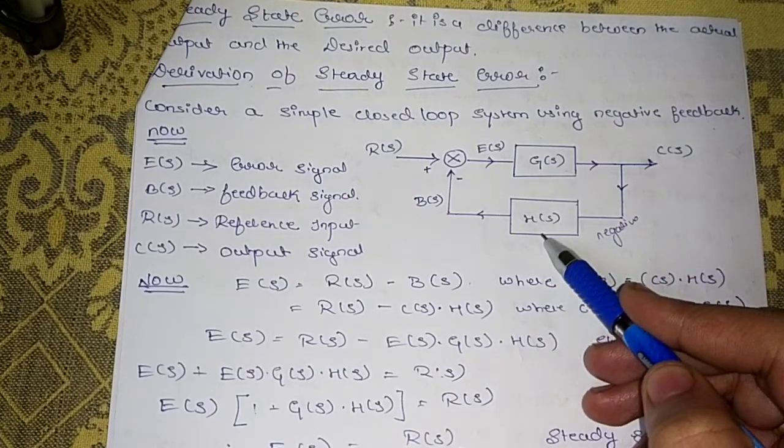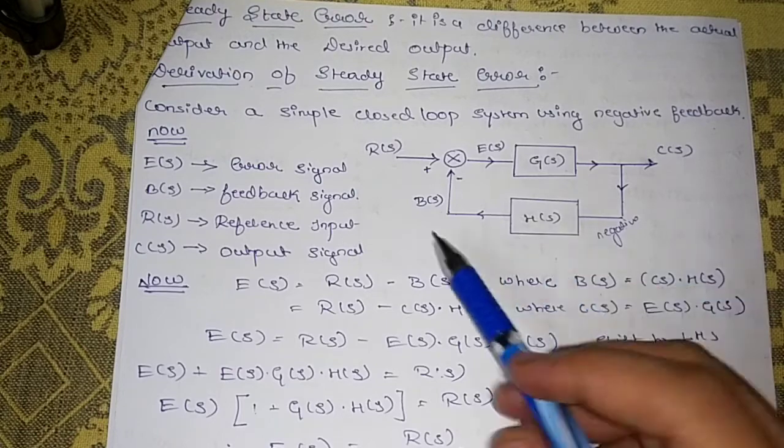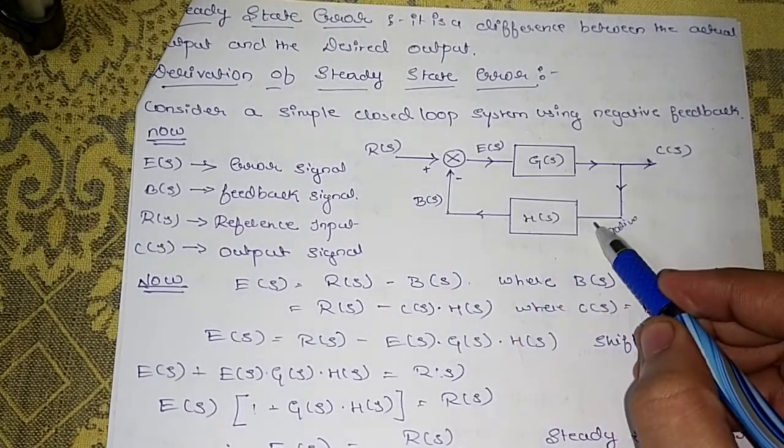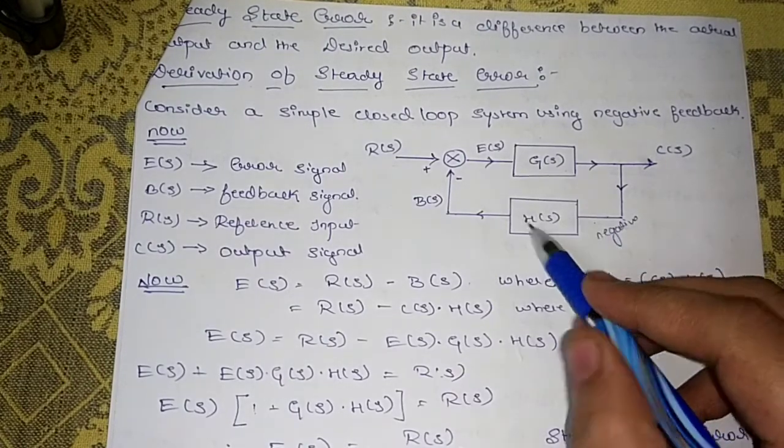This is a rule explained in block diagram representation. To represent B(S), we multiply C(S) into H(S), whatever signal comes here, and that is B(S).